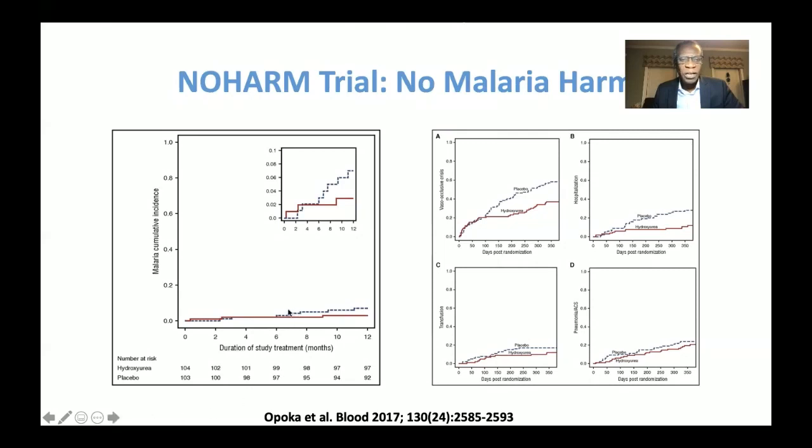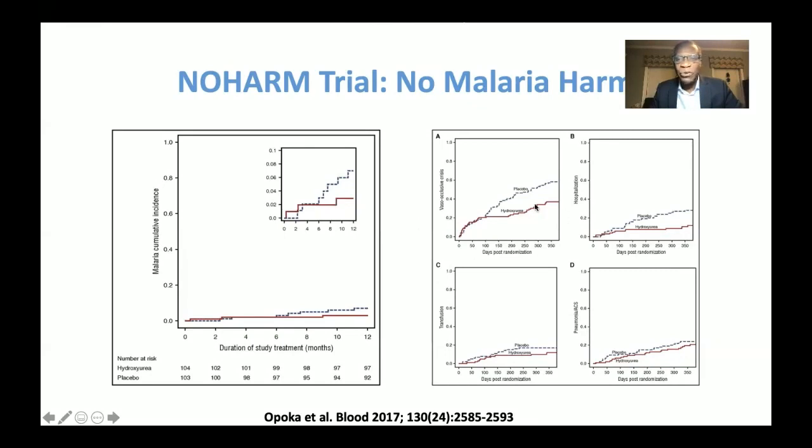So here, infants aged 1 year and onwards were randomized between hydroxyurea and placebo. And the primary outcome was the cumulative malaria incidence. As you can see, there's virtually no difference in cumulative malaria incidence between placebo and hydroxyurea. But if you look at the curves expanded, you can see that in fact the hydroxyurea group probably has a trend towards a lower cumulative incidence of malaria.